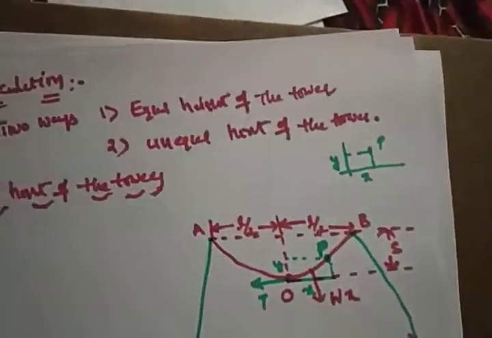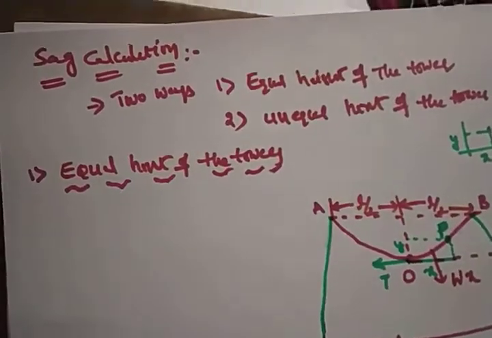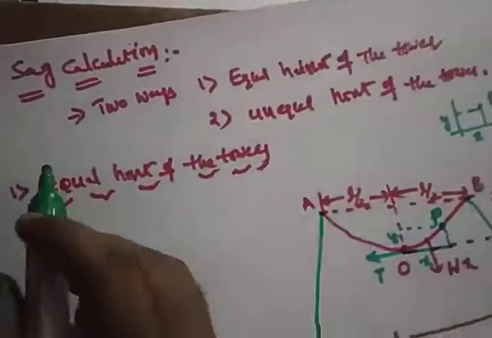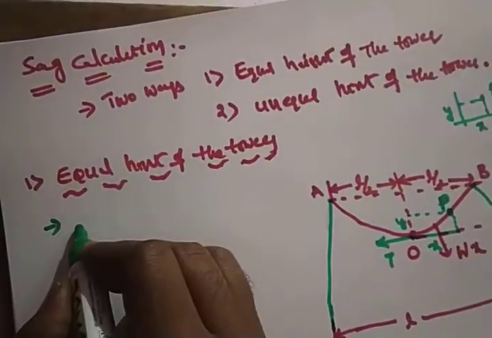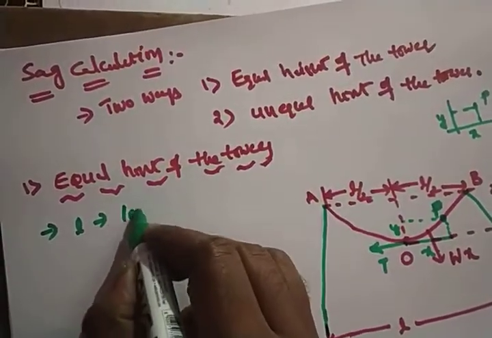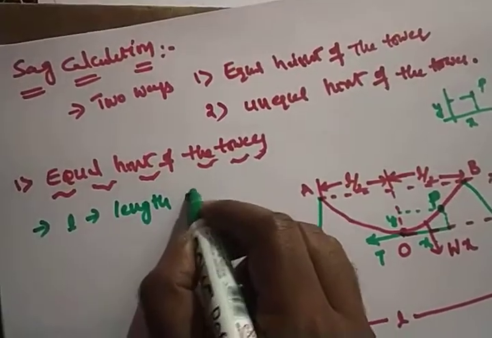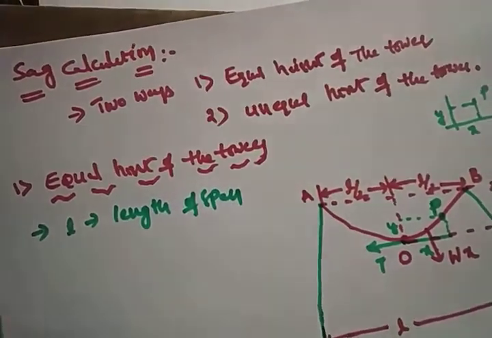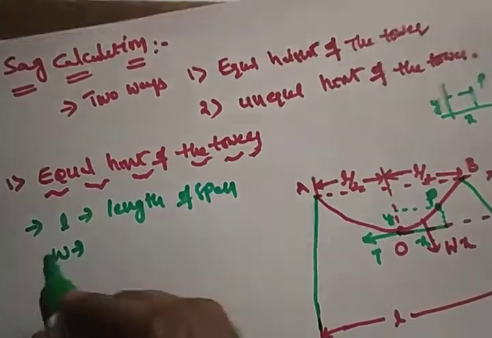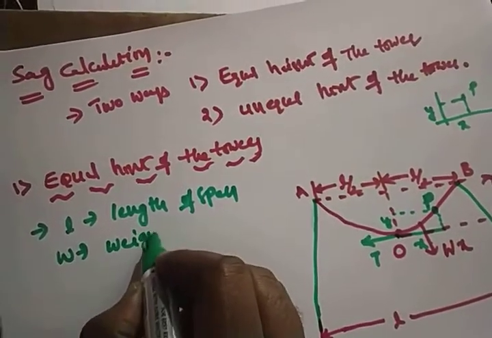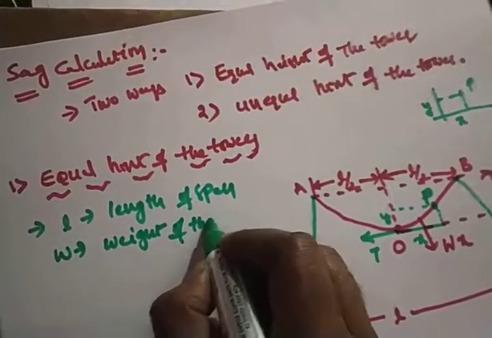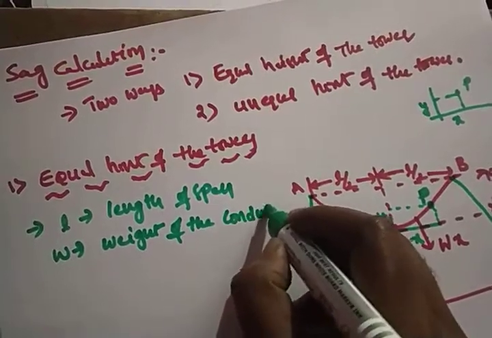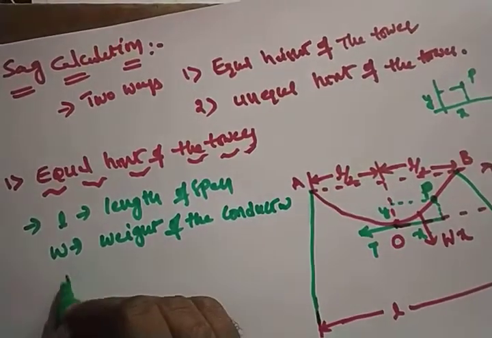Now we'll explain clearly. L is the length of the span. W means the weight of the conductor per unit length.